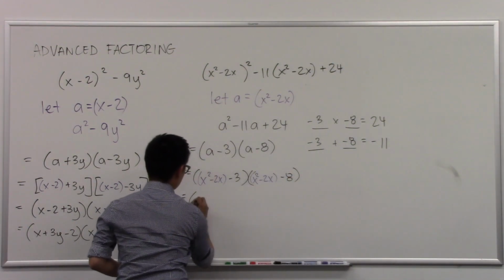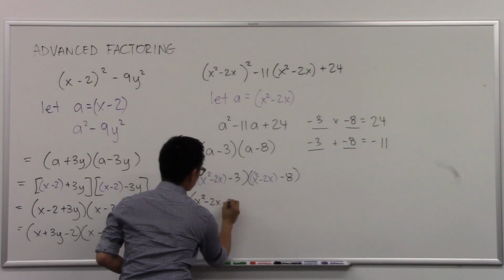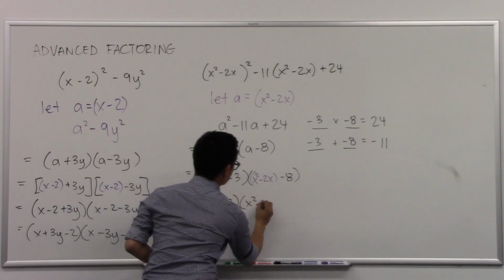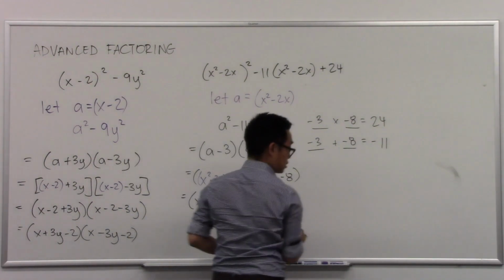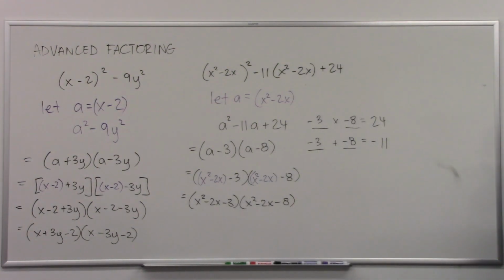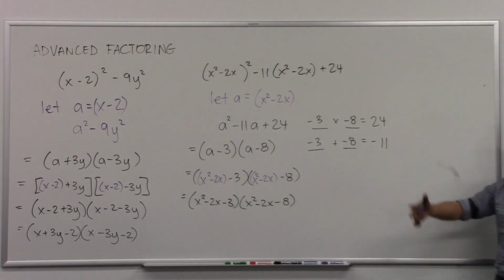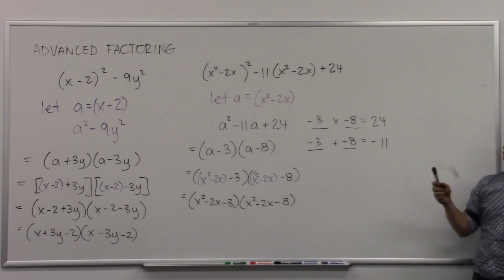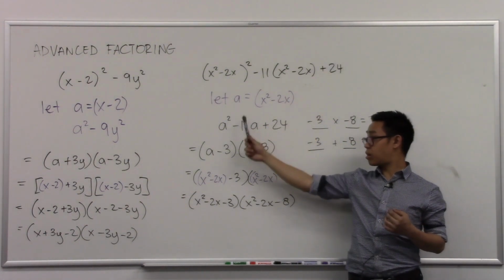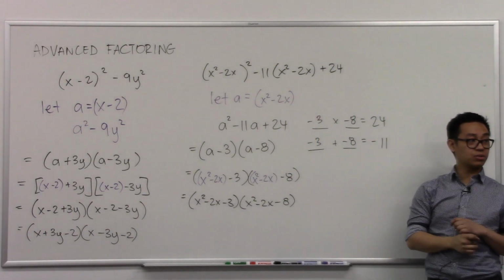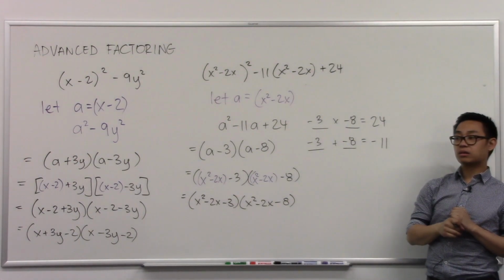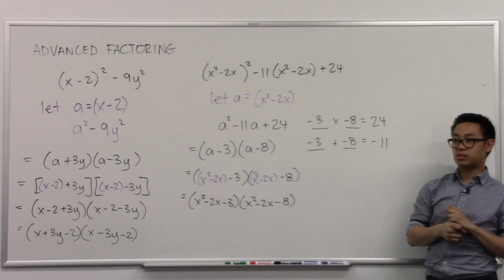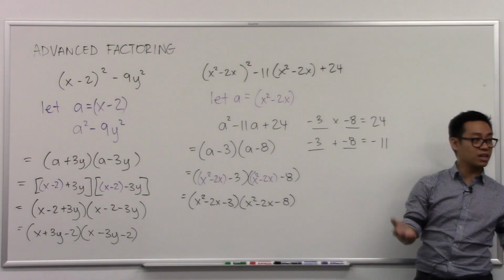So that looks like x squared minus 2x minus 3, x squared minus 2x minus 8. So I took out the x squared minus 2x, so it didn't have to look so complicated. And then it's not so hard to do. Does that make sense?